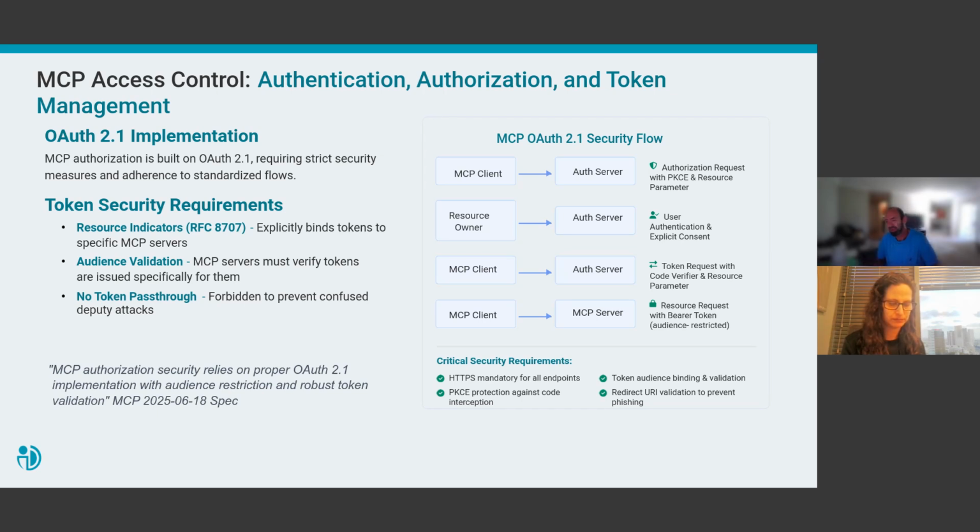I'm not going to go over each and every step in the OAuth2 flow, but what is important is that the user presents itself to the authorization server, which can be any authorization server, of course, it can be Okta, Ping, you name it. And then it generates the bearer token, which is used by the MCP client to authenticate into the MCP server.